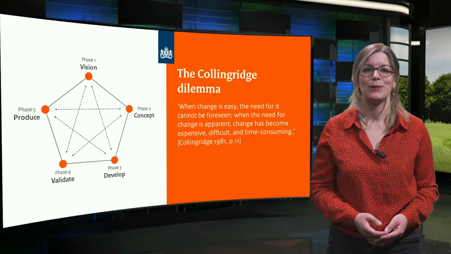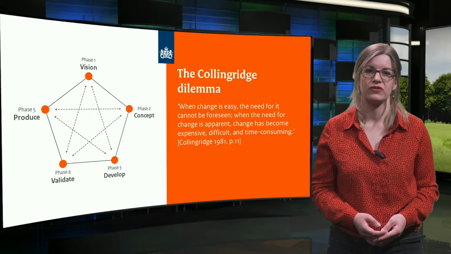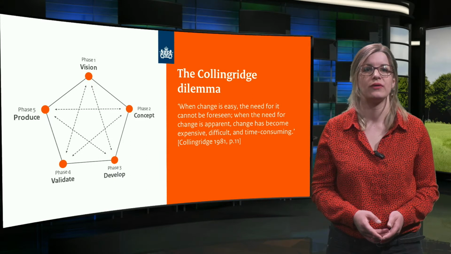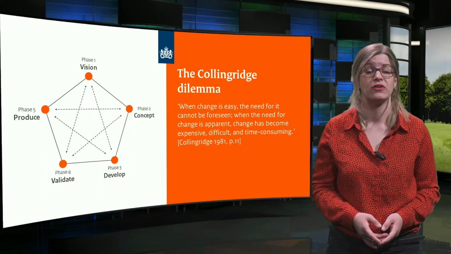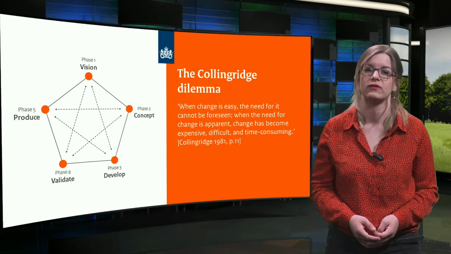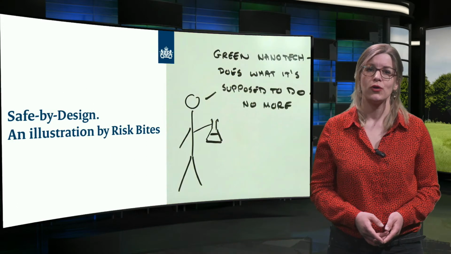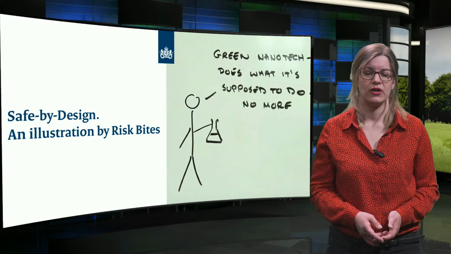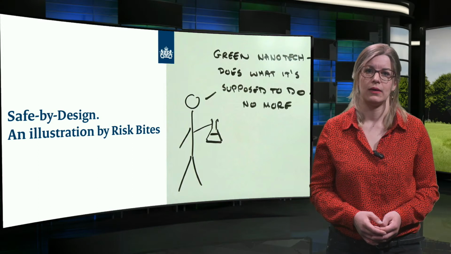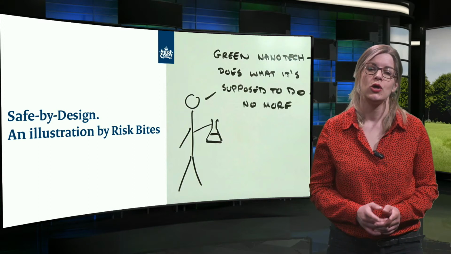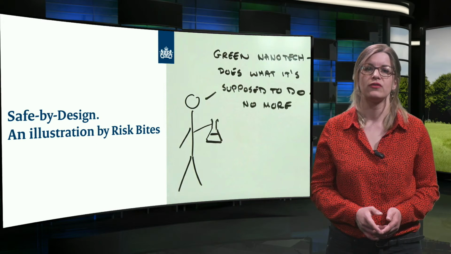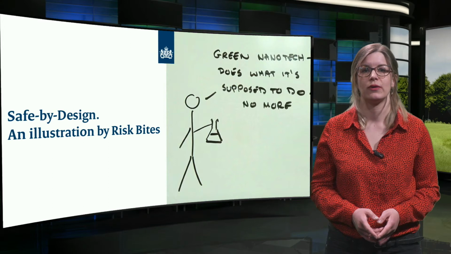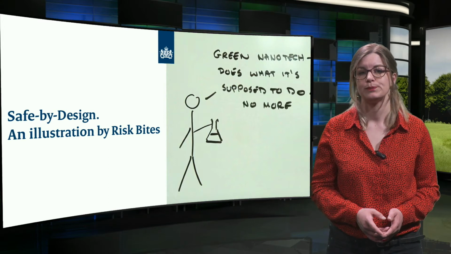To anticipate impacts, one should reflect on pertinent risks during all phases of the iterative trajectory of developing innovations and engage the views and expertise of all relevant stakeholders in doing so. For a concrete illustration of the types of design choices one might make if one engaged in Safe by Design, we refer you to a video clip made by RiskBytes on how Safe by Design was implemented in sunscreens containing nanoparticles.